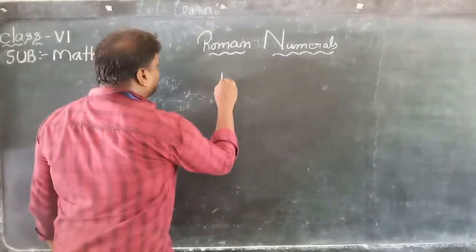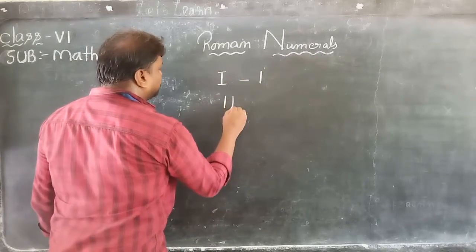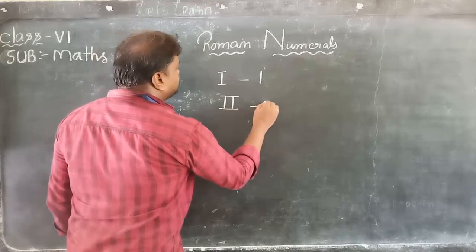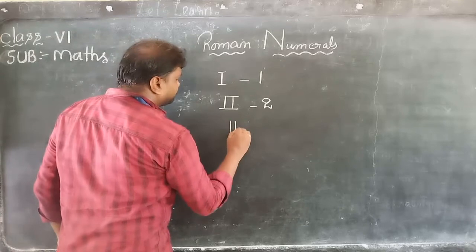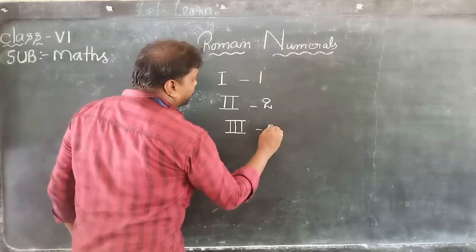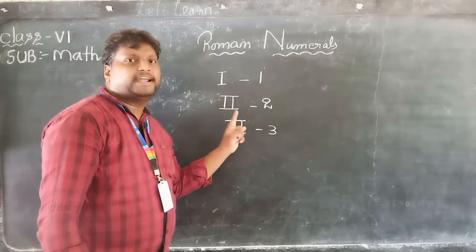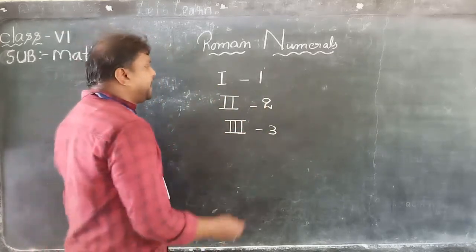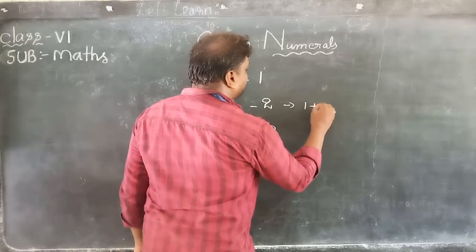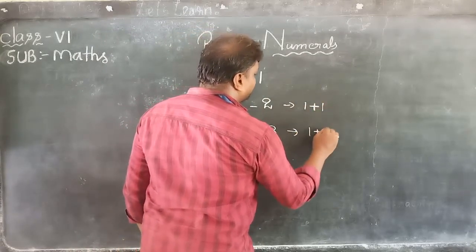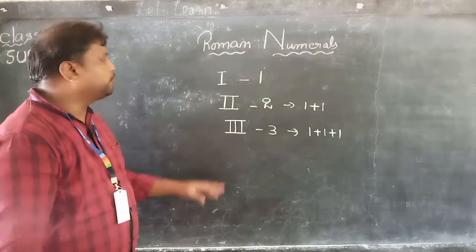For example, this value is 1, now the value is 2, the value is 3. That means however many times the symbol is repeated, that many times the value will be added: 1 plus 1, 1 plus 1 plus 1, like that. This is the first rule of Roman numerals.